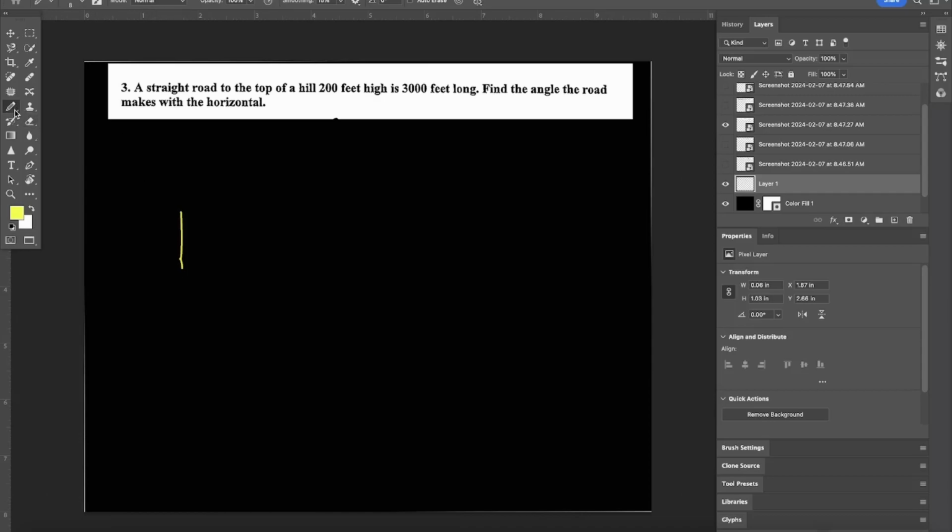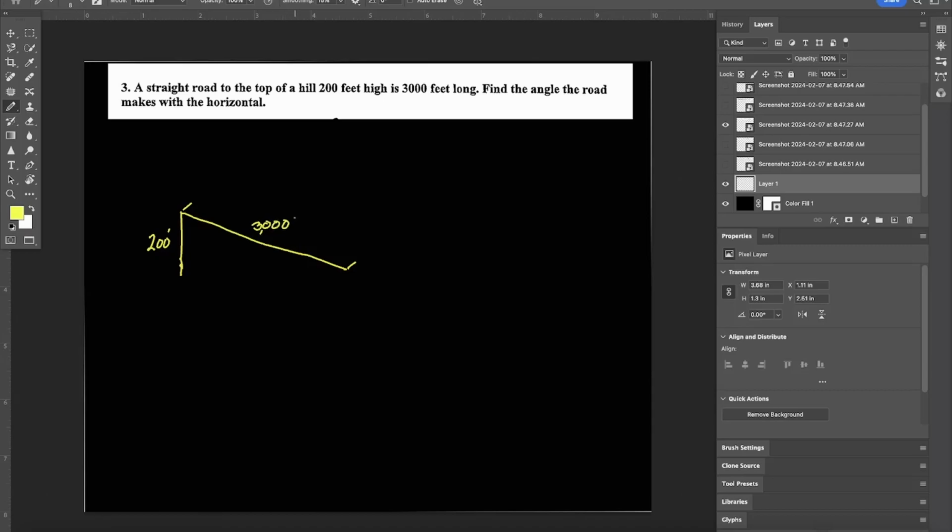Let me just check if this is still a pencil. Yeah. So this one was supposedly give us an incline of about 200 feet. Now, the actual road is about 3,000 feet. Let me just try to increase this just a little bit. So again, guys, this is about 3,000 feet.